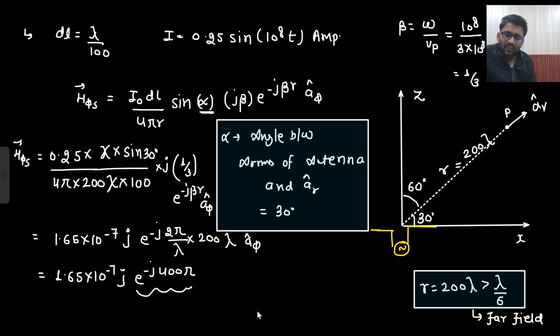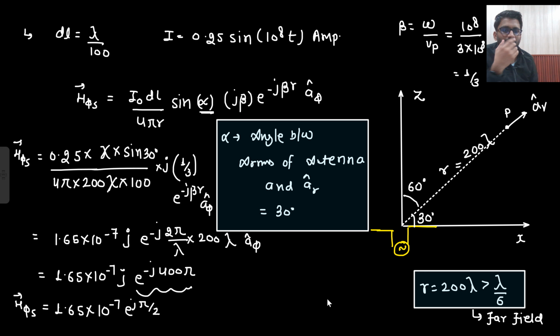What is the value of this thing? It is cos 400 pi plus j sin 400 pi. Sin 400 pi is 0, and cos 400 pi is 1. So this value is 1. So what you are getting is 1.65 into 10 to the power minus 7 e to the power j pi by 2. This is your H_phi s.